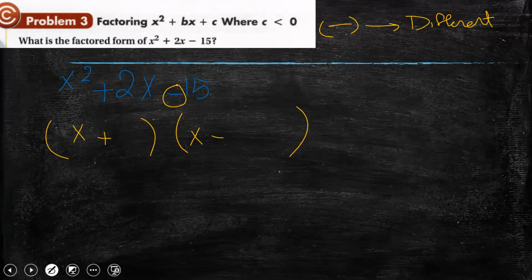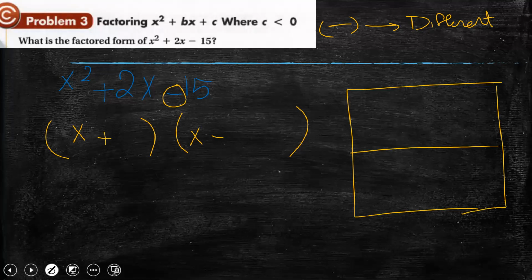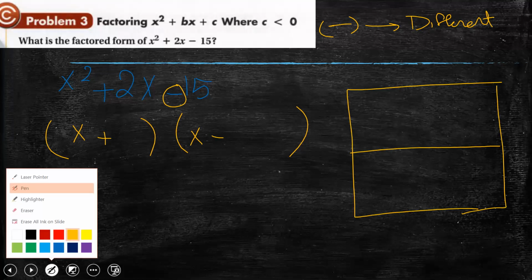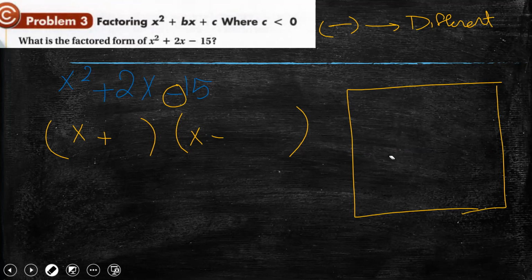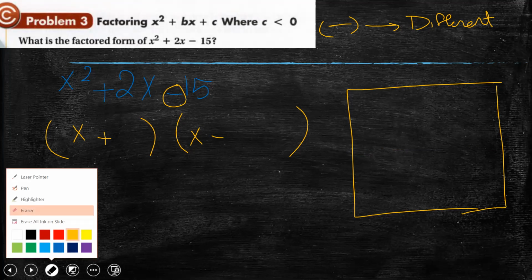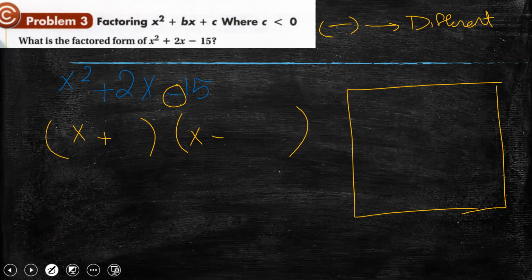After that, I will draw my table here. In this table, I will write the factors of negative 15 and the summation of the factors.